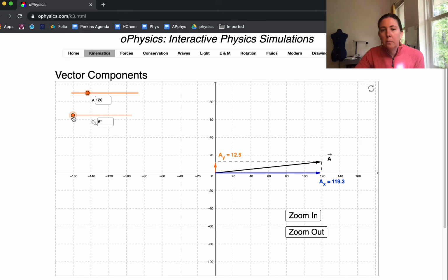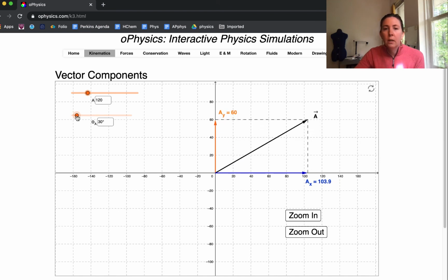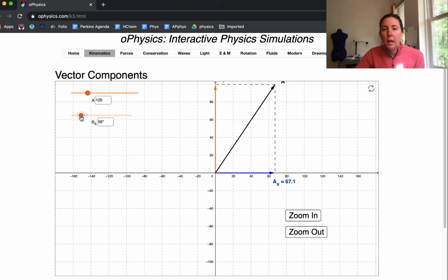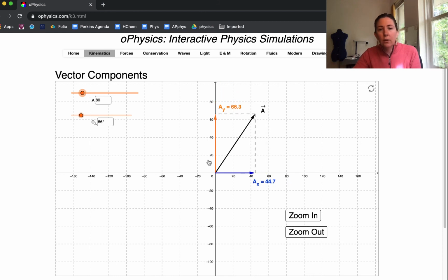And then if you increase theta, you get sort of the opposite. And so there has to be a point at which, as you increase the vertical, you've sacrificed horizontal distance.